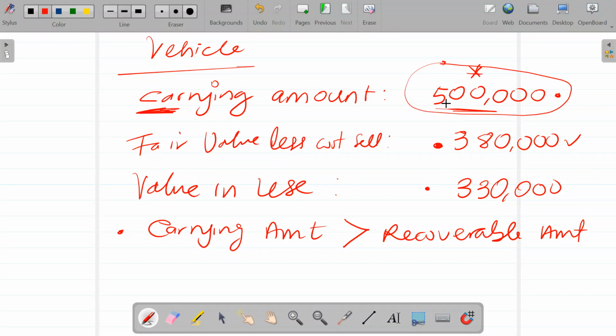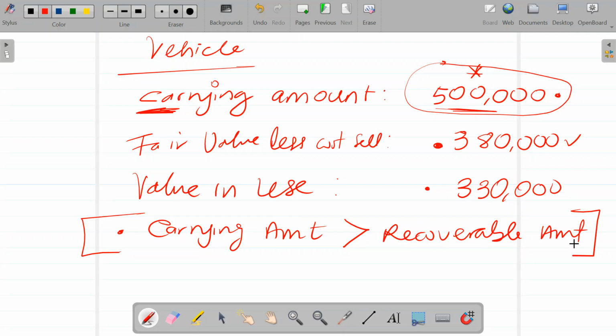The benefit is less than what we have stated as the carrying amount. So whenever the benefit we are going to get is less than the figure we have put as the carrying amount of the asset, it means the asset is impaired. That is how we determine whether an asset is impaired or not.